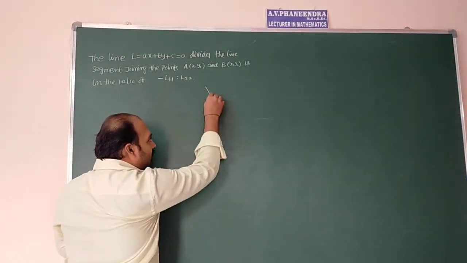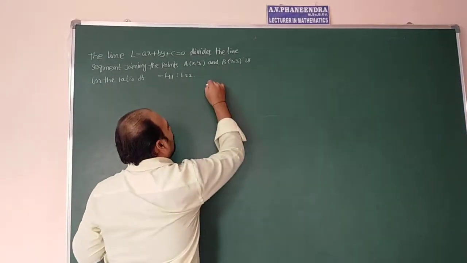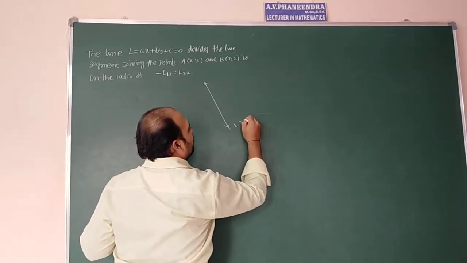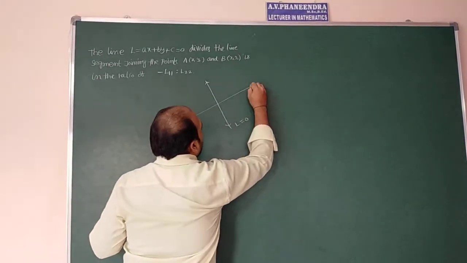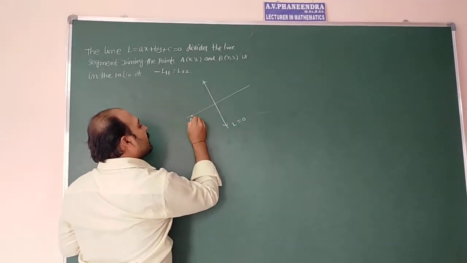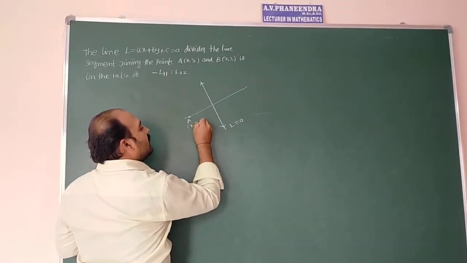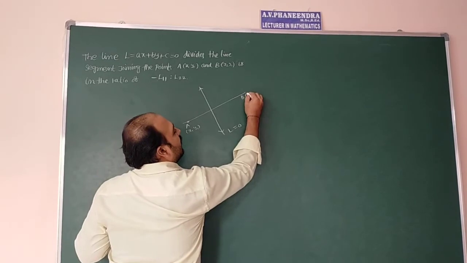So this is the line L equal to 0. This is the line segment A of x1 y1 and B of x2 y2.